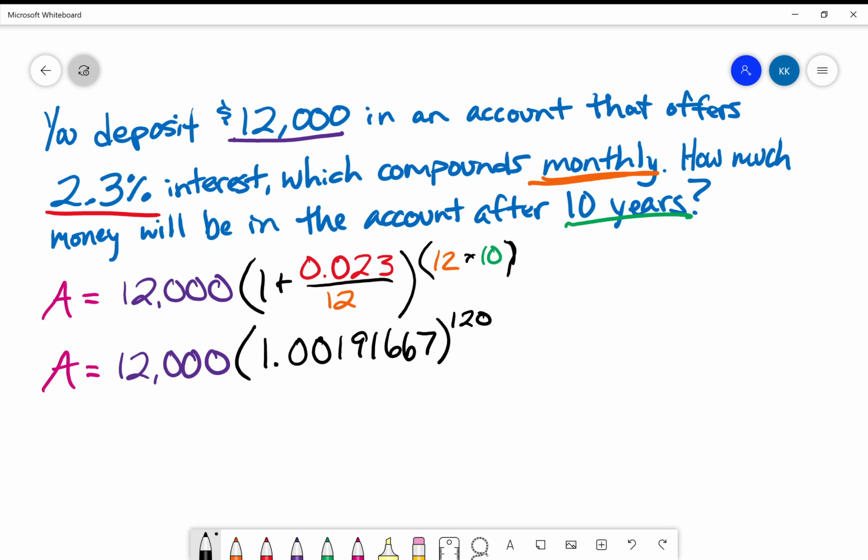Holy moly. I got a grand total of $15,099.88. Cool. There you have it.